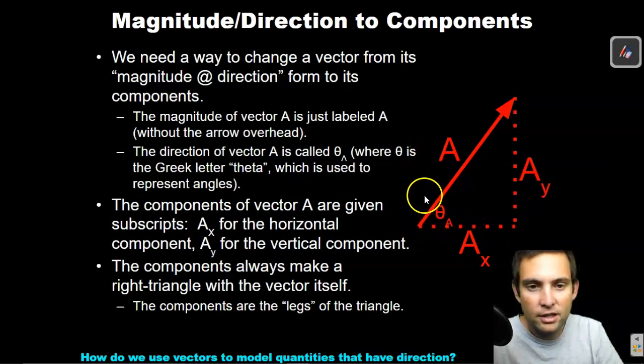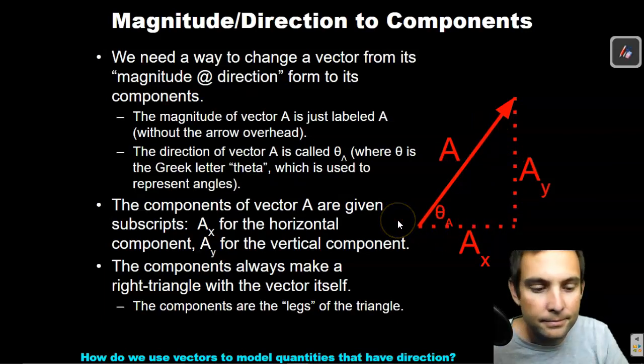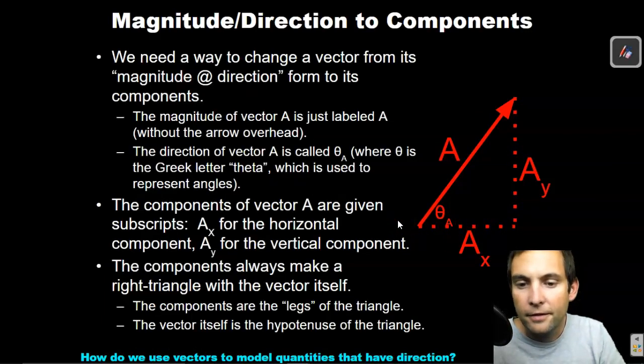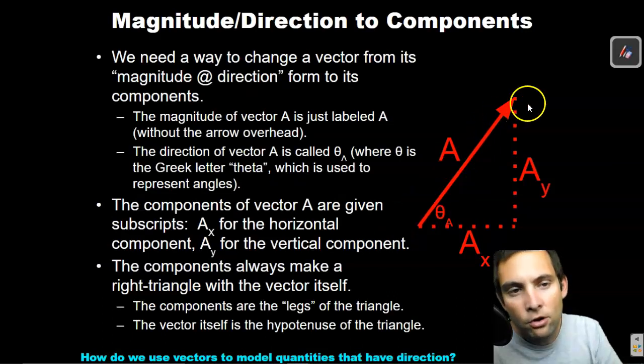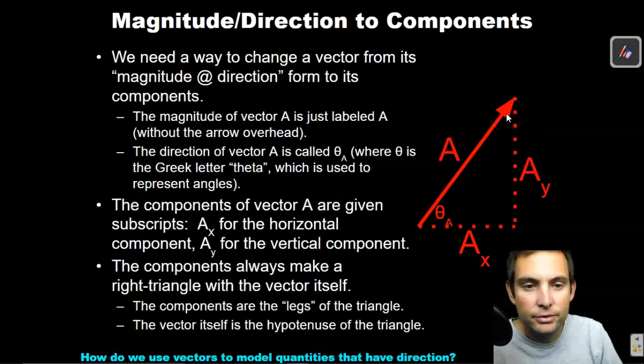So if we imagine a coordinate system overlaying this image, this would be 0, positive x-axis. We would start counting our degrees from this ground or flat surface. The vector itself is the long side of the triangle. It's called the hypotenuse.